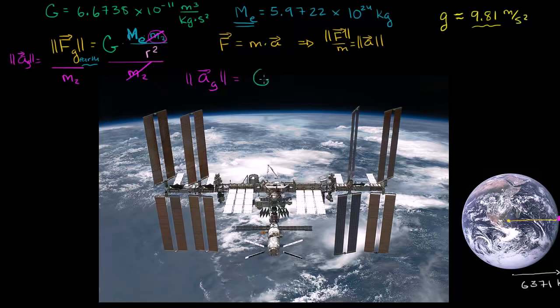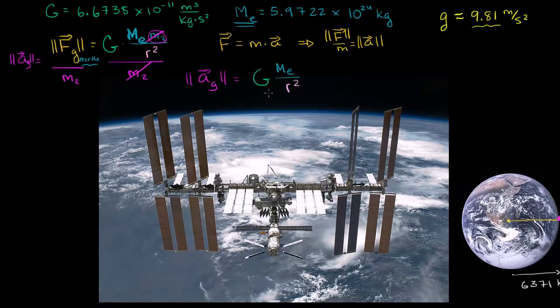It's going to be the gravitational constant times the mass of the Earth divided by the distance between the object's center of mass and the center of mass of the Earth. And we're going to assume that the object is right at the surface, so this is actually going to be the radius of the Earth squared. So divided by radius squared. Sometimes this is also viewed as the gravitational field at the surface of the Earth, because if you multiply it by a mass, it tells you how much force is pulling on that mass.